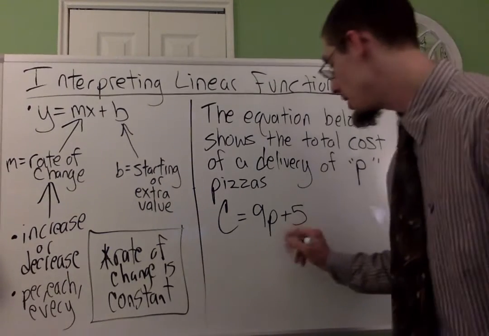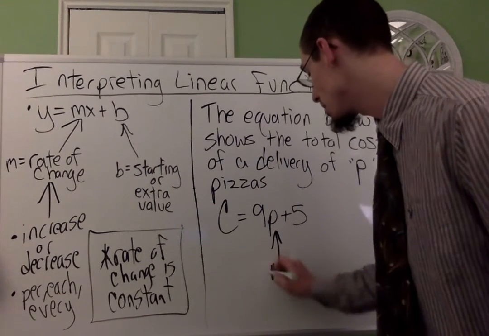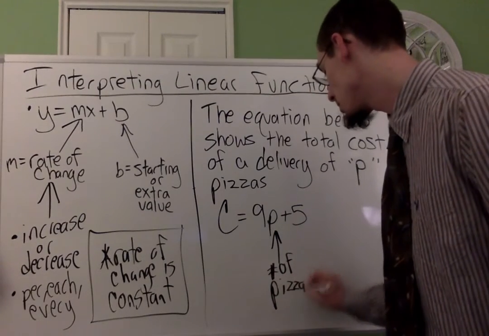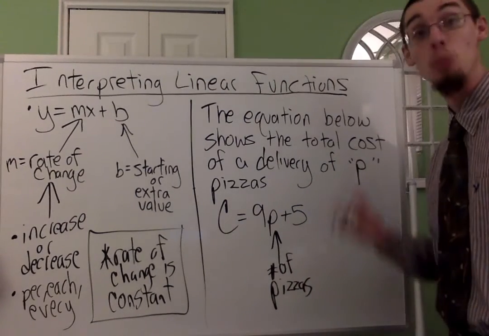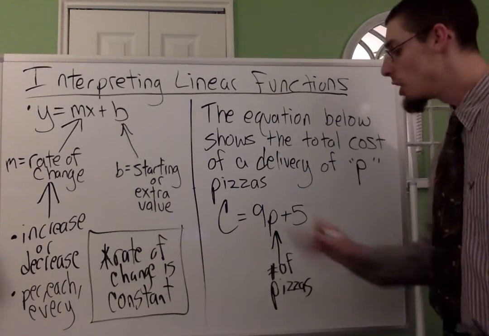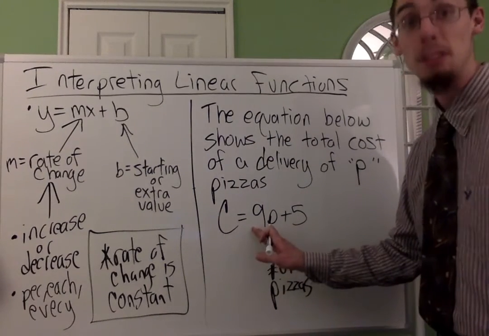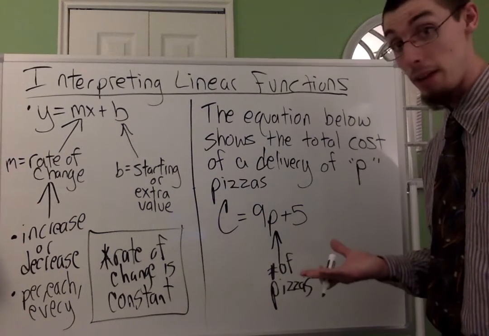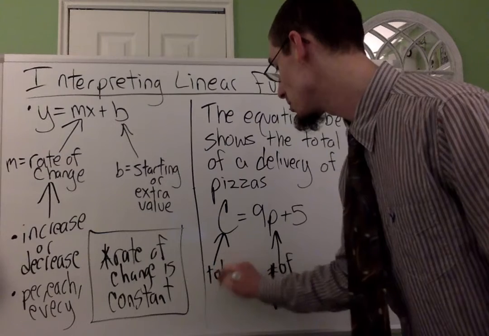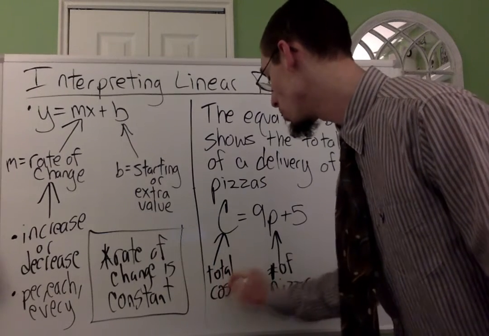So this P here is the number of pizzas. We don't know how many pizzas were purchased, but the P represents that. So that means the 9 must represent something else. Now I'm going to put C is total cost.